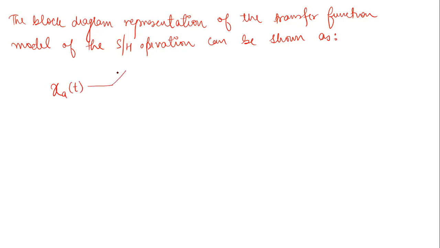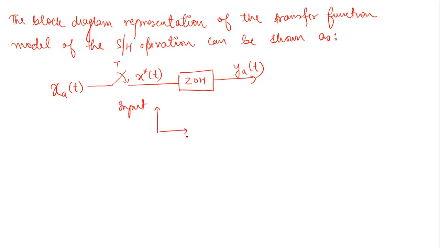We will sample this. The sampling rate is T, for example. So after sampling, we will get a sampled signal. We will give this to some zero order hold circuit, so it will give us some analog output YAT. The input is an impulse function, which exists for t equal to 0.